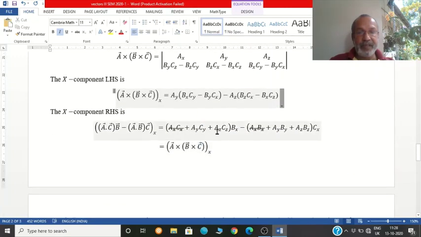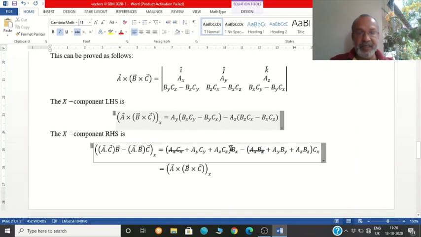This is A dot C, AX CX plus AY CY plus AZ CZ into BX, and this is A dot B, AX BX plus AY BY plus AZ BZ into CX. We can cancel AX CX BX here and minus AX BX CX. They are same.